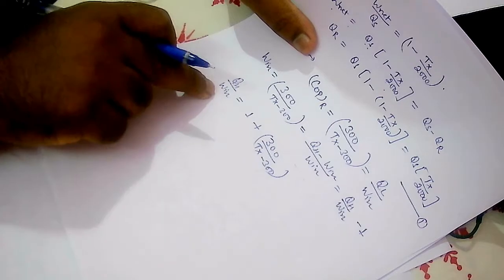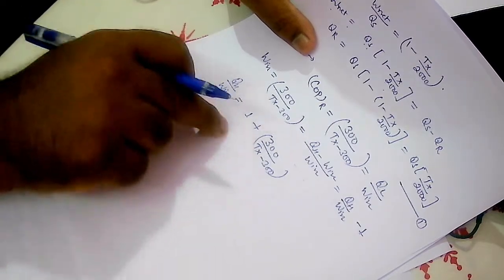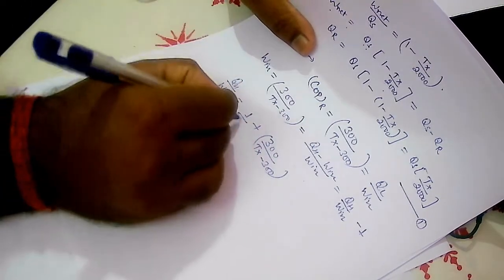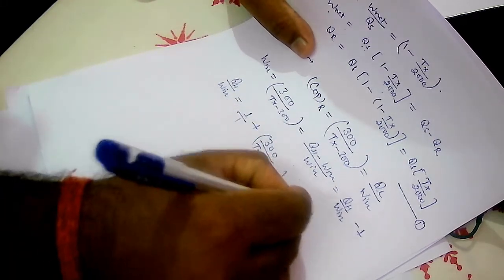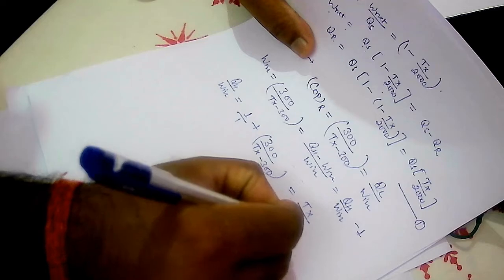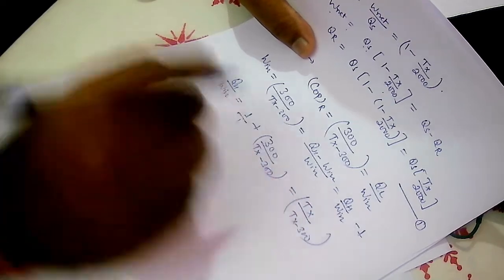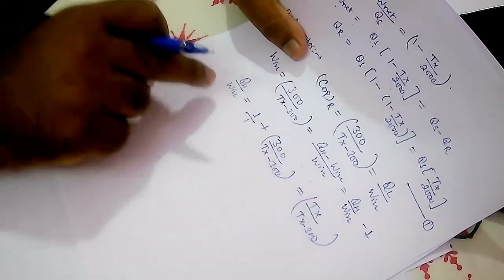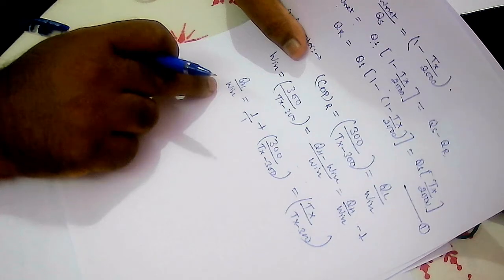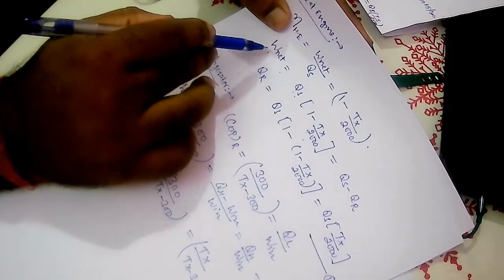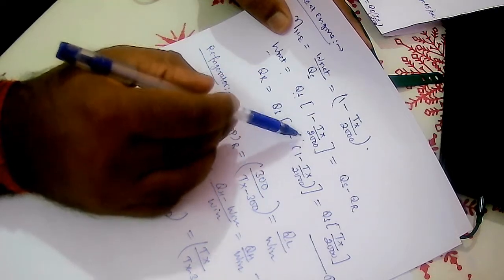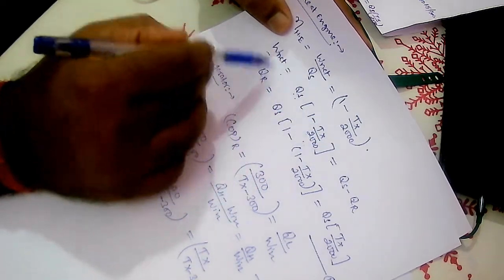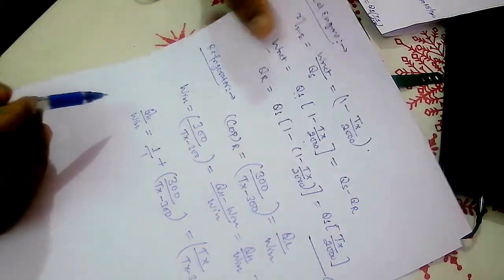If you take the LCM, Tx minus 300 plus 300, this becomes simply Tx divided by Tx minus 300. Now this W input is what? The net work which has been supplied. This is Qs times 1 minus Tx by 2000. Just substitute this value here.